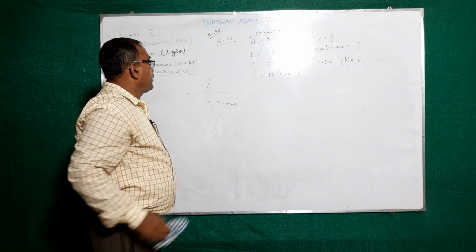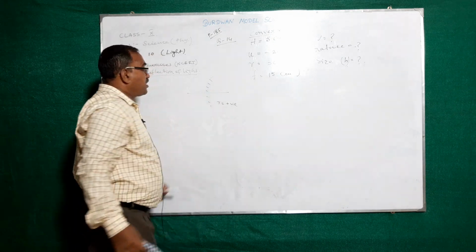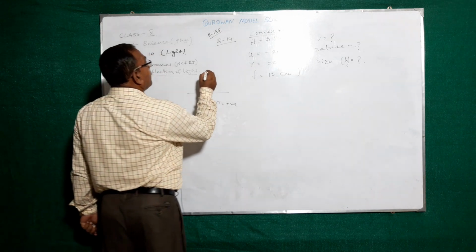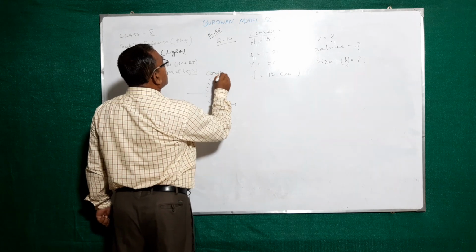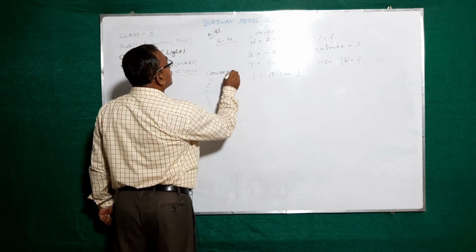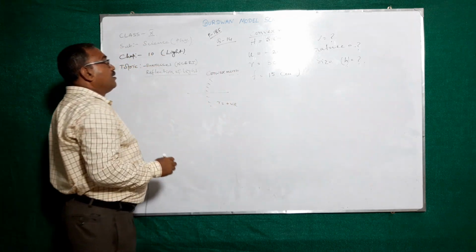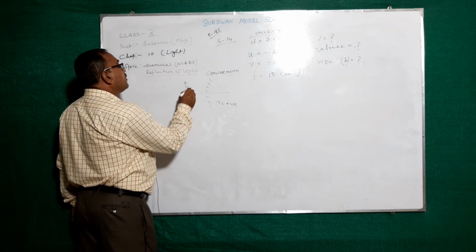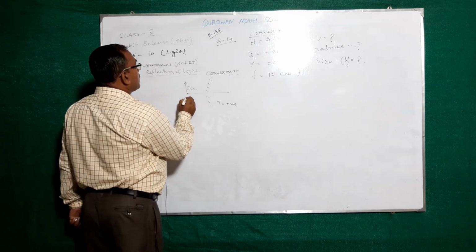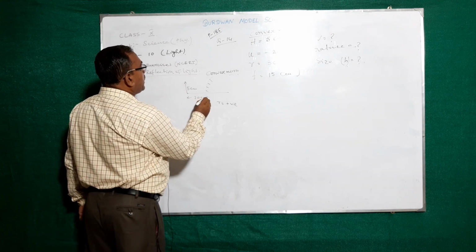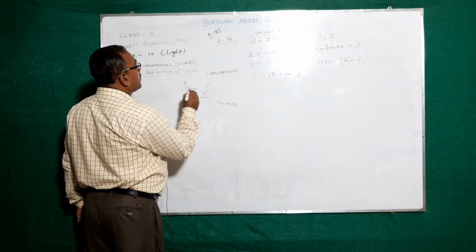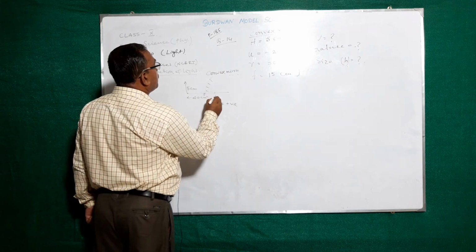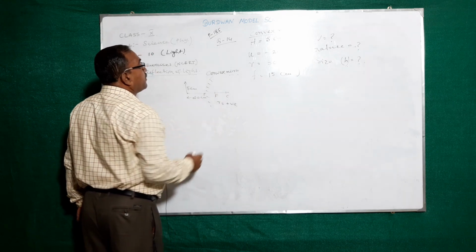How can I find out it? This type of mirror means convex mirror. So object is here. Suppose you consider it, object is here. Object distance 20 centimeter from here, and this is the C.